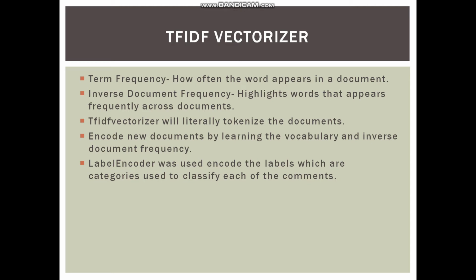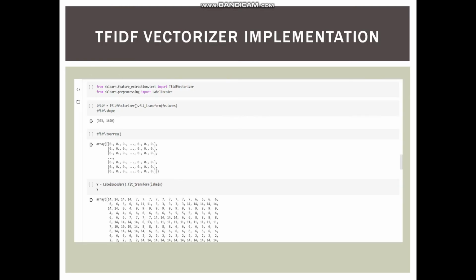Then a label encoder was used to encode the labels, which are the categories used to classify each of the comments. So this is the implementation of the TF-IDF vectorizer in my code.